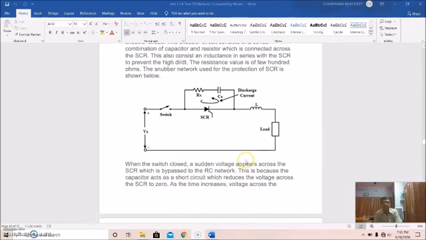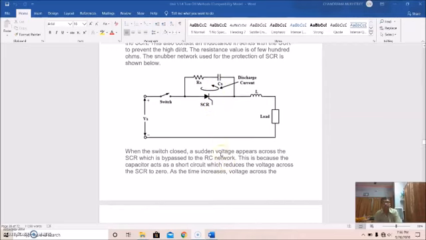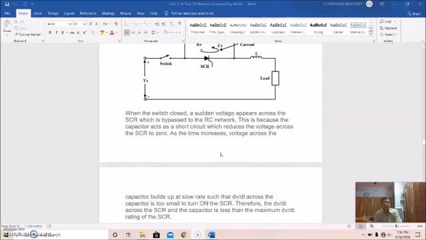When the switch is closed, a sudden voltage appears across the SCR, which is bypassed to this RC network. This is because the capacitor acts as a short circuit, which reduces the voltage across the SCR to 0. As time increases, the voltage across the capacitor builds up at a slow rate, such that DVDT across the capacitor is too small to turn on the SCR.